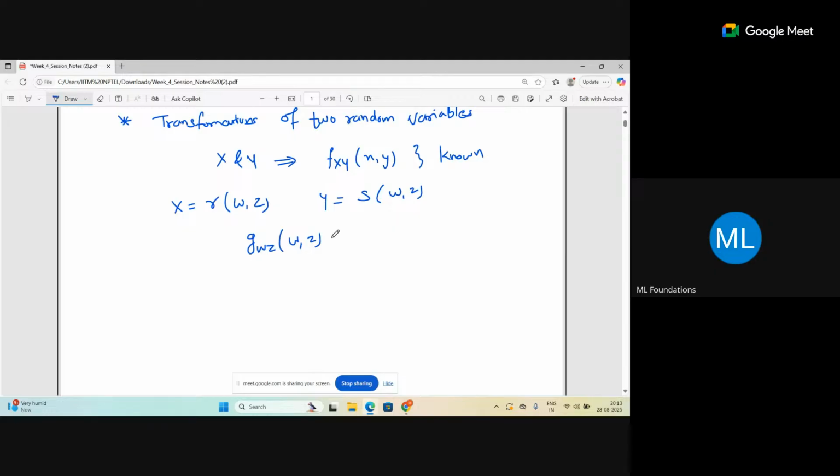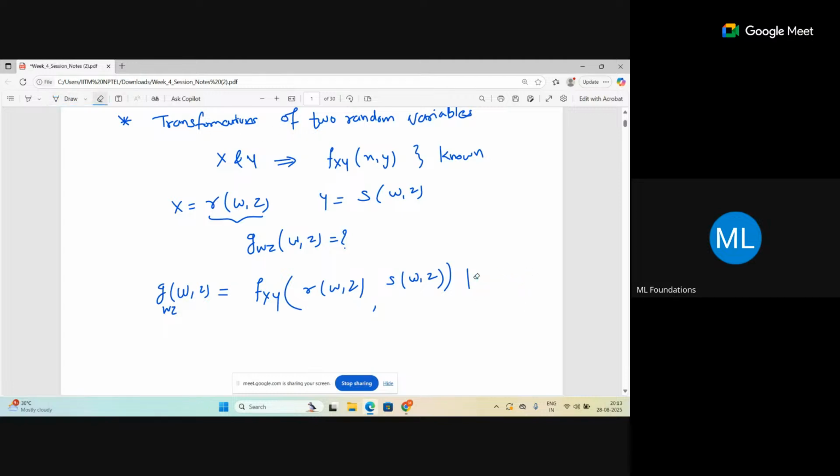The way to find it out is this: g_WZ(w, z) is equal to, what is known to me, f_XY. In f_XY, I will put, instead of x and y, these functions: r(w, z) and s(w, z), and we multiply with the modulus of the determinant of its Jacobian.